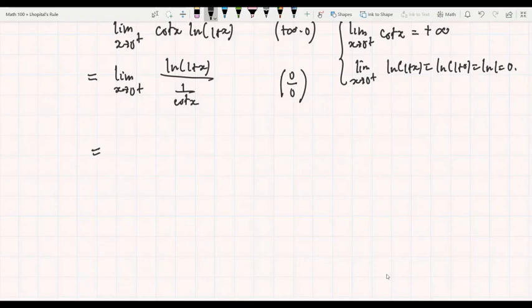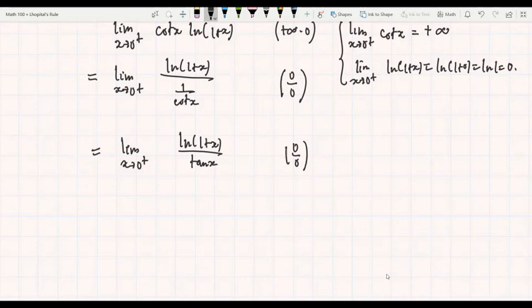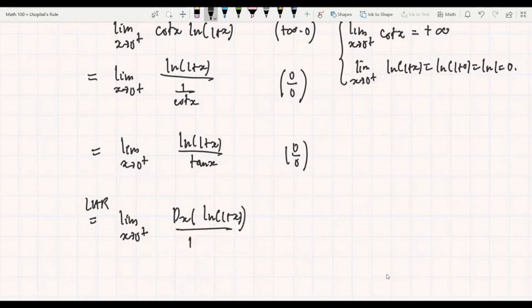Before we apply L'Hopital's rule, let us try to simplify first the expression so it is easier to differentiate. So here, what is the reciprocal of cotangent x? By definition, it is tangent x. And then again, this is still 0 over 0. So we can apply L'Hopital's rule. So we have the limit as x goes to 0 plus of the derivative of ln of 1 plus x over the derivative of tangent x.